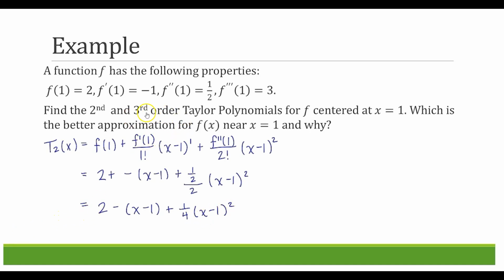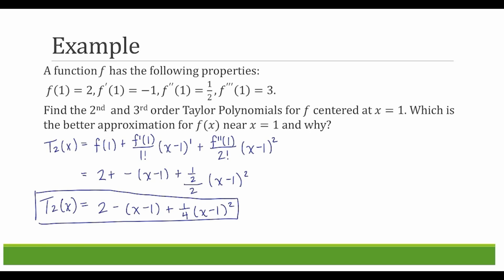Now let's go ahead and find the third order Taylor polynomial. That means that the highest derivative that we're going to use is the third derivative at 1. So what we're really doing is just going one additional term out. I can say this is T sub 2 of x, and that's part of my answer. But finding T sub 3 of x is simply going out one additional term.